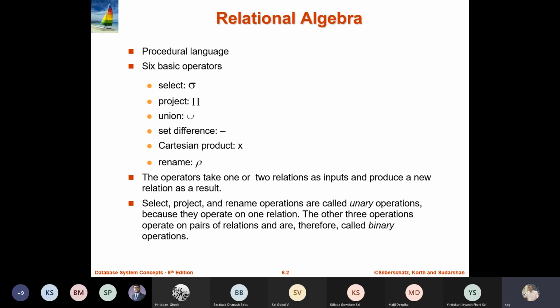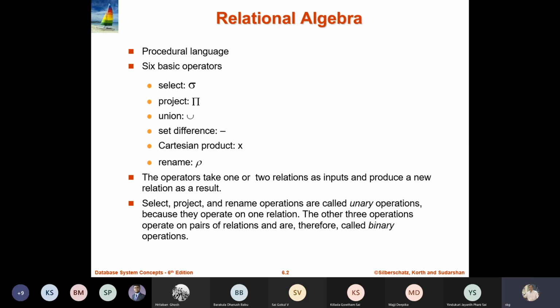There are six basic operations you are already used to while writing your SQL queries, right? One is select, project, union, set difference, Cartesian product, and rename. There are other operations which are either derived from these or are extensions of these operations.